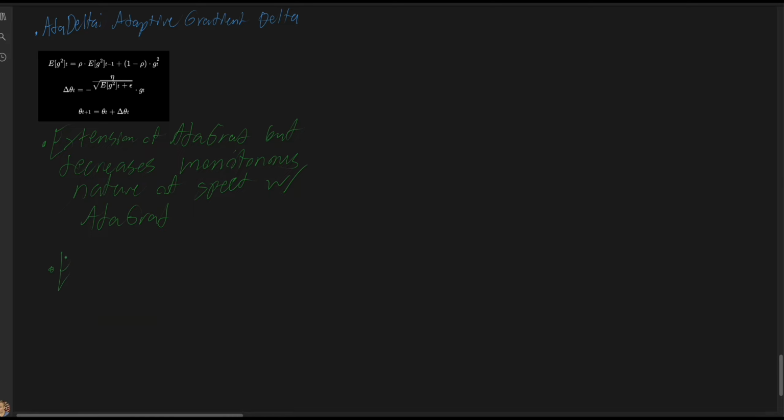So it establishes a fixed size, using only the most recent gradients, unlike summing all past squares. This makes it robust to the main weakness of Adagrad.